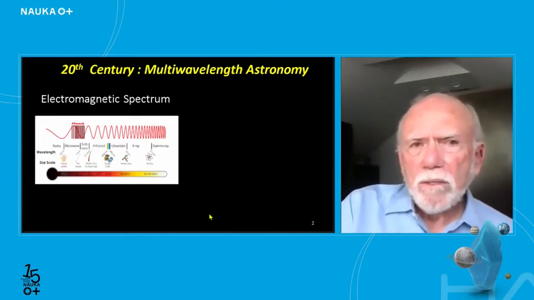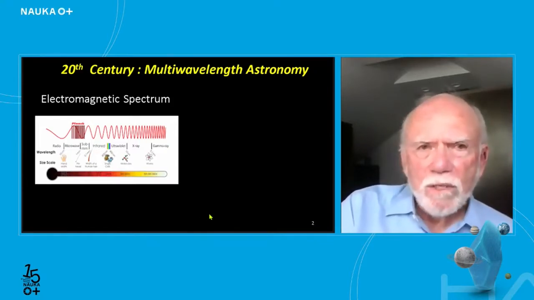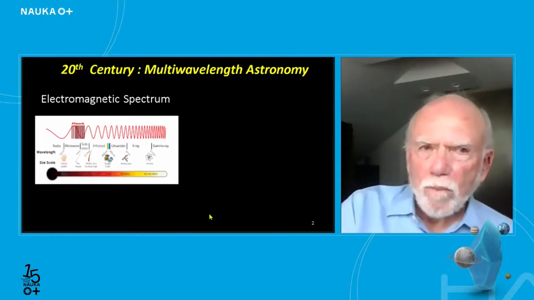So I show here the wavelength of light, which can vary from very, very long wavelengths, like the radio, all the way up to very, very high energy gamma rays.